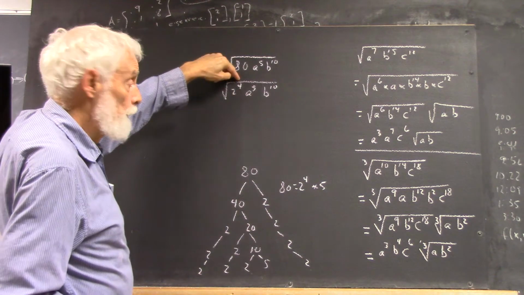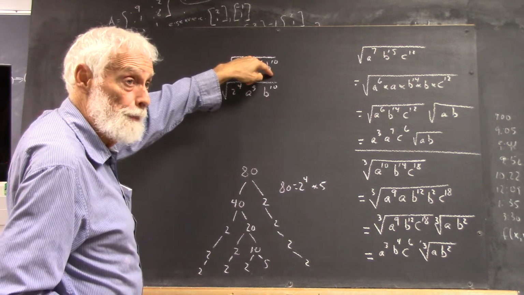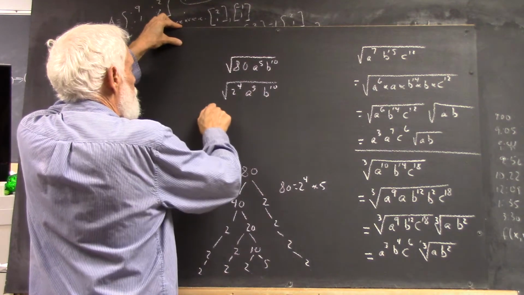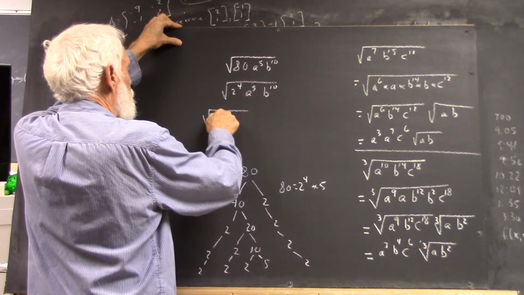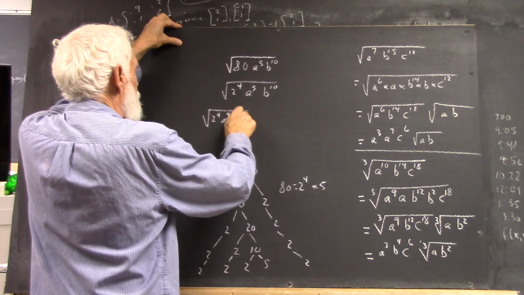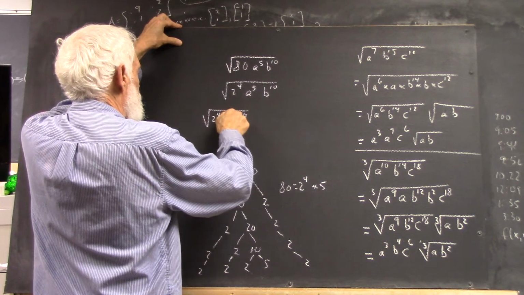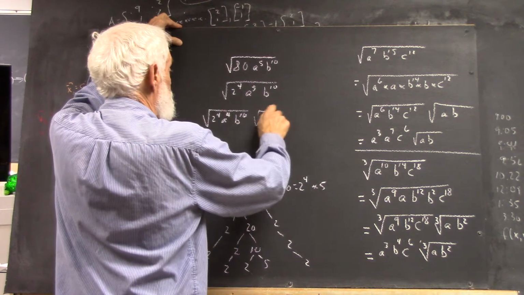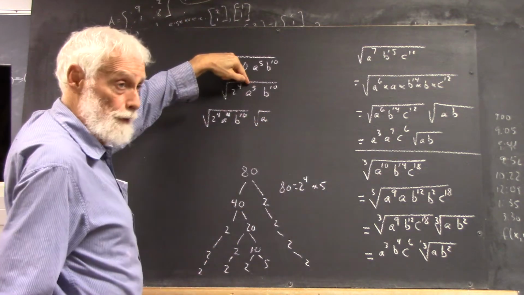Well, I could do the square root of a 4th power. I can do square root of a 10th power. And for the a to the 5th, you see that I can group this as 2 to the 4th times a to the 4th times b to the 10th. Right? And I'll still have a square root of a left over because of the a to the 5th, right?